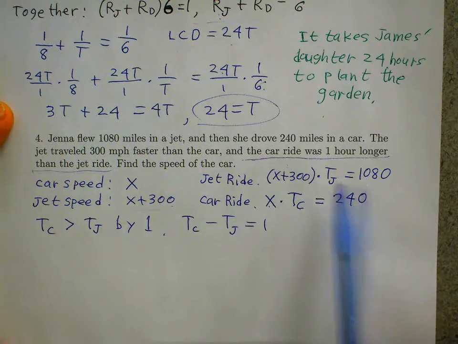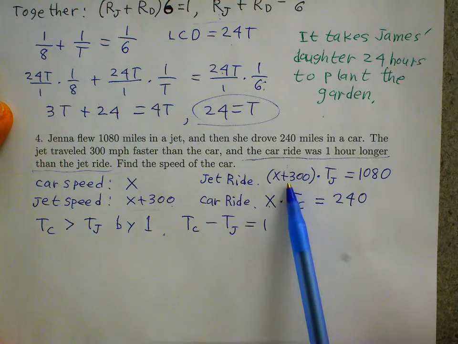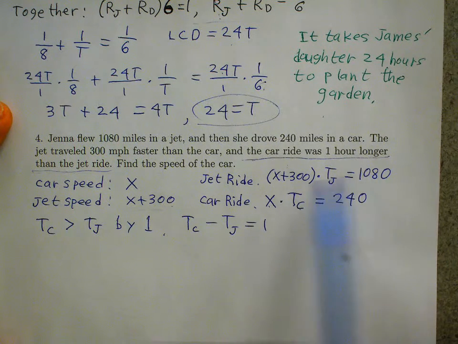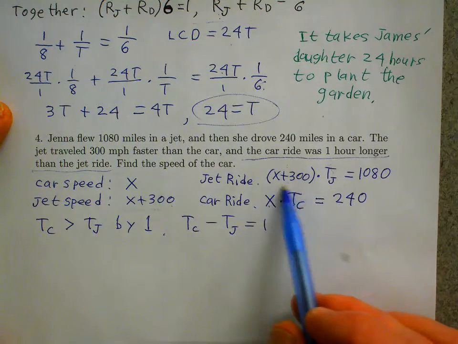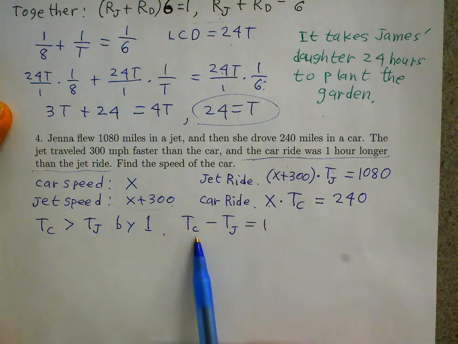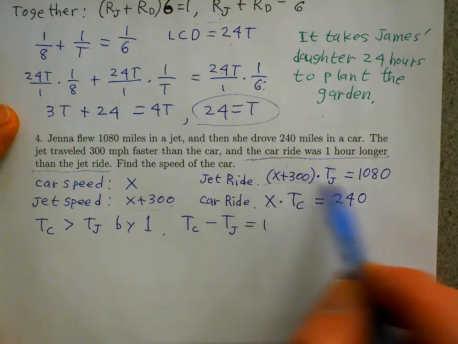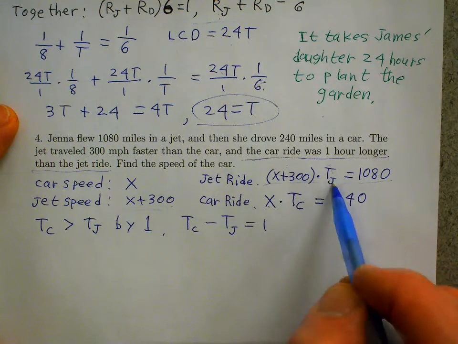So if we solve this rate times time equals distance equation for time in both cases, then we can use substitution and get an equation whose only variable is x. So let's solve the top equation for t sub j.